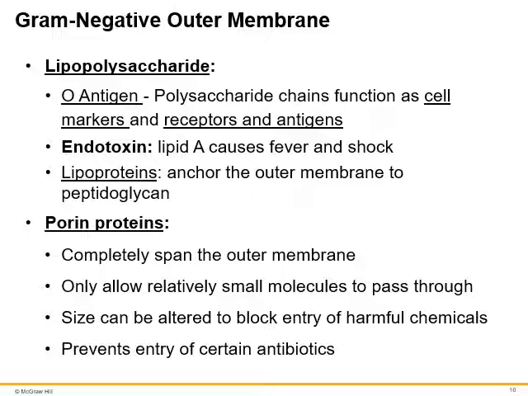Endotoxin is what we call the entire lipopolysaccharide, but the toxic part is actually the lipid A part, which is the most internal, and that will trigger fever and shock, and also trigger initially coagulation of the blood proteins, and then after we use up all the blood proteins, we're going to have hemorrhaging occurring. And there are lipoproteins there that anchor that outer membrane to the peptidoglycan layer below it.